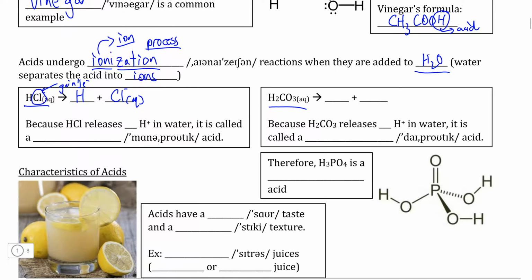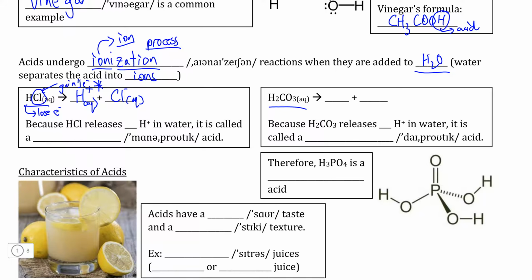If chlorine is going to gain an electron, hydrogen therefore must lose an electron, and when it loses its 1 electron, it's going to have a positive charge.